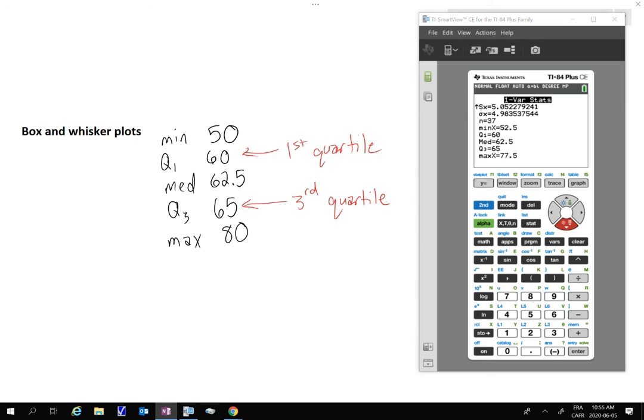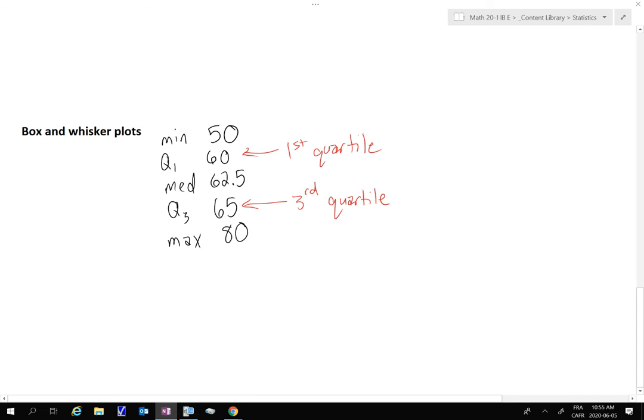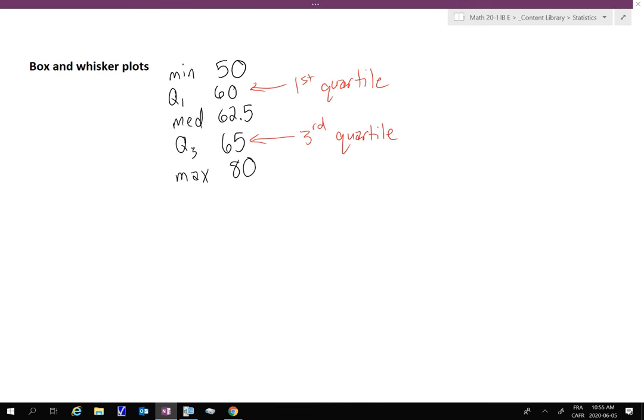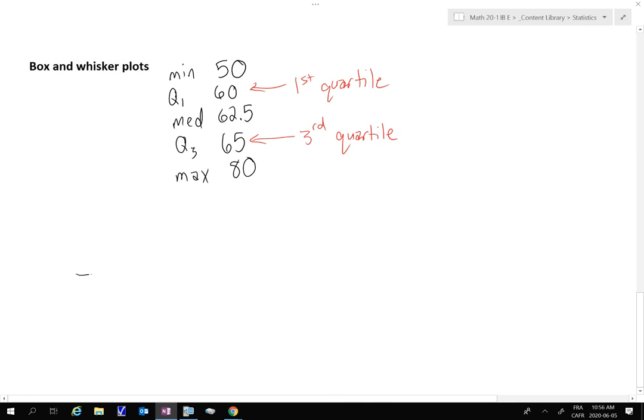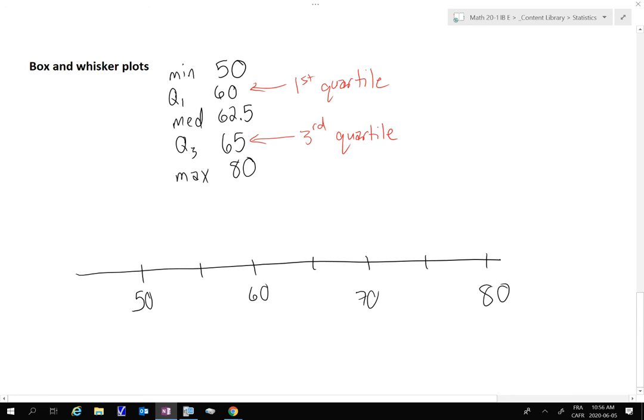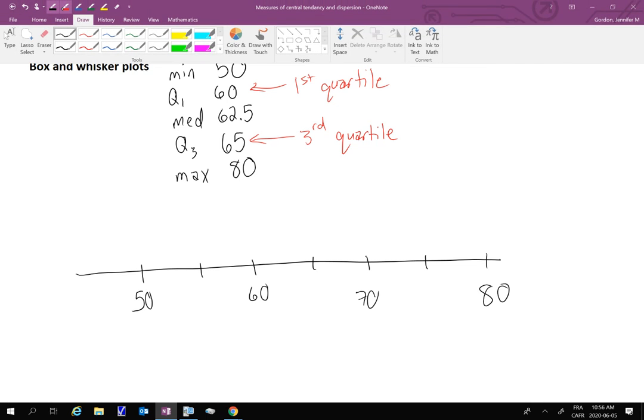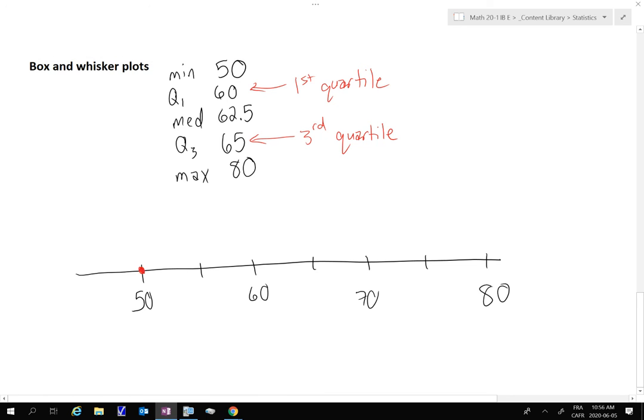All right, so now, what does the box and whisker plot do? Well, the box and whisker plot takes this information and represents it essentially on a number line. So I have a number line, 50, 55, 60, 65, 70, 75, 80. And what we do is at our minimum and maximum, we have dots. Those are going to be the edges of my whiskers.